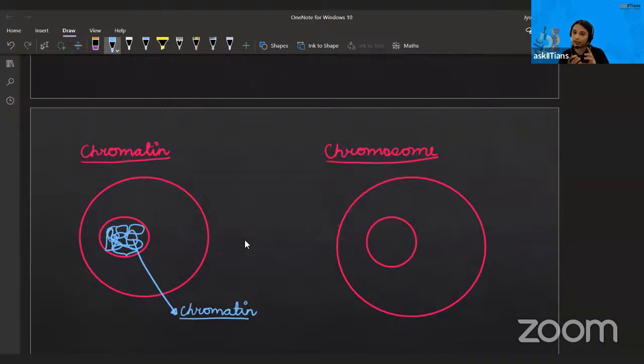Our chromatin gets condensed and forms a compact structure, and gains a particular shape like this. They become very compact and form this shape. So this is our chromosome.